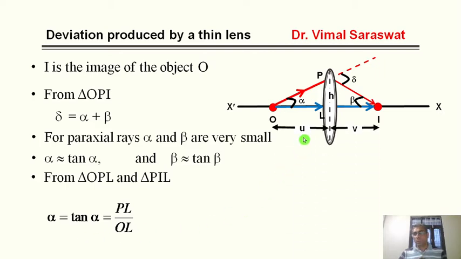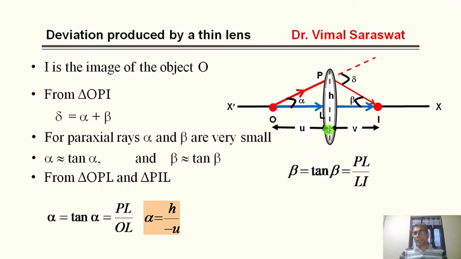Let U be the distance of object from optical center, whereas V is the distance of image from optical center. So PL equal to H and OL equal to U. But by using sign convention, LO will be minus U. So alpha equal to H upon minus U.